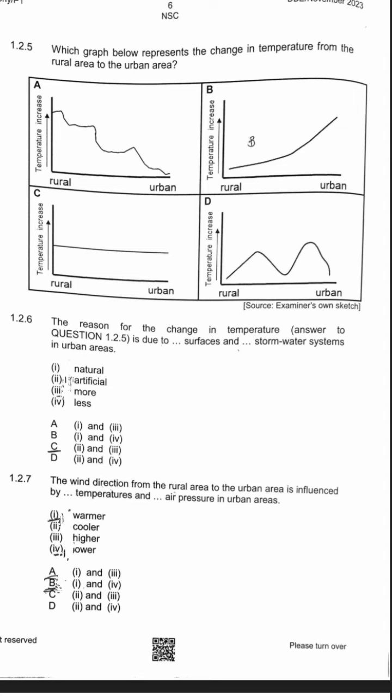Remember, what stormwater systems do is drain water, and basically this prevents surface water from being exposed. And because you do not have surface water, you cannot cool down the city. Remember, surface water is there so that it evaporates.